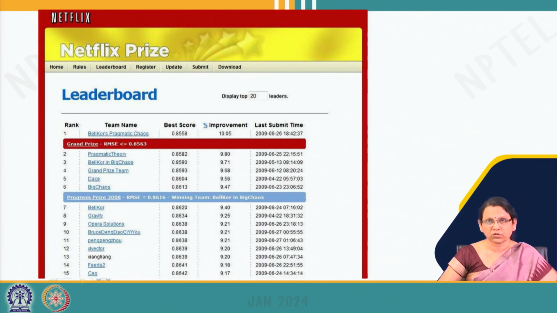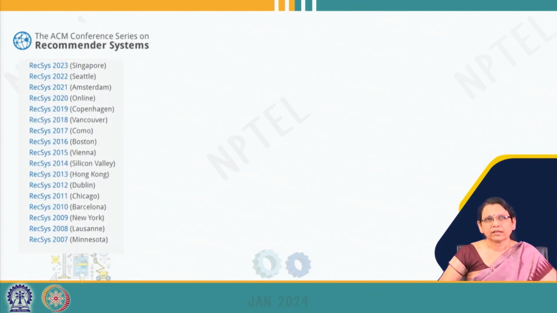In the meantime, many academic conferences which motivate the research community as well as the application developers came into place, and one such conference which was named exactly after this particular area is the ACM Conference Series on Recommender Systems. It started in 2007 and it continues.